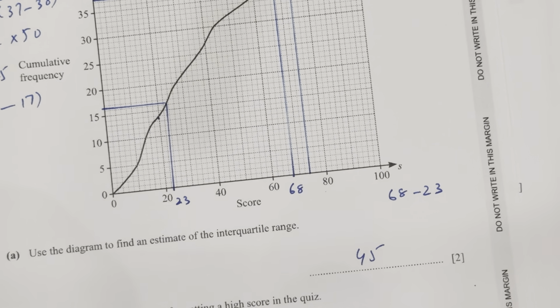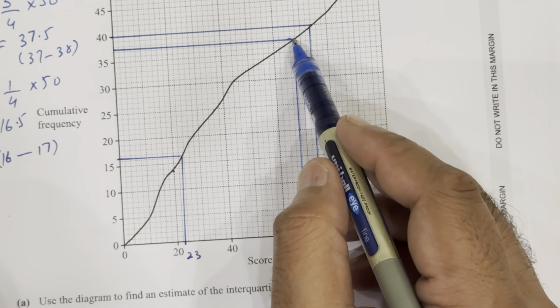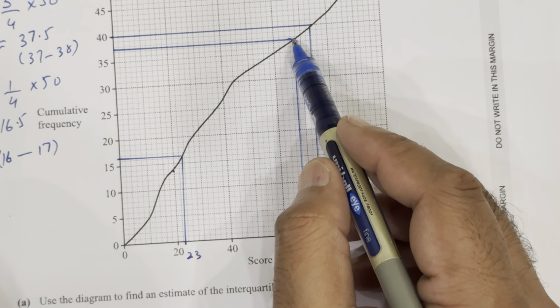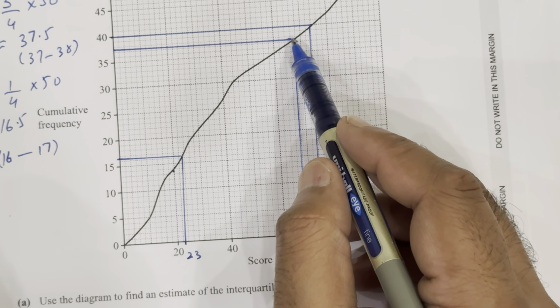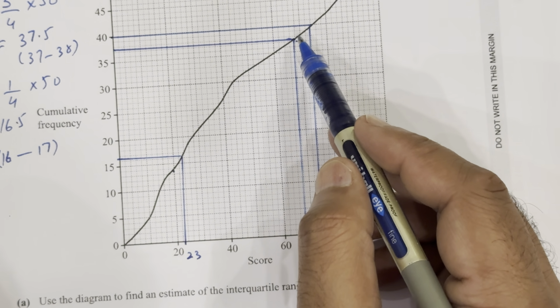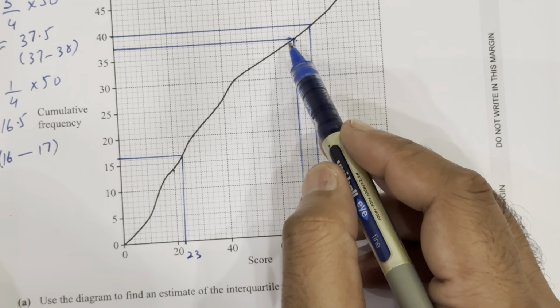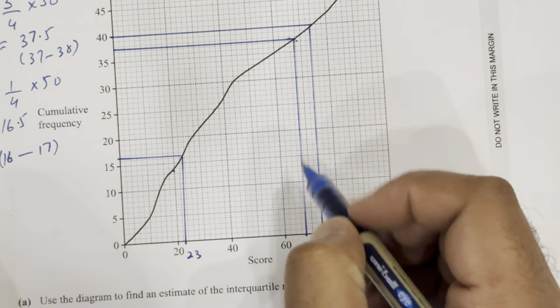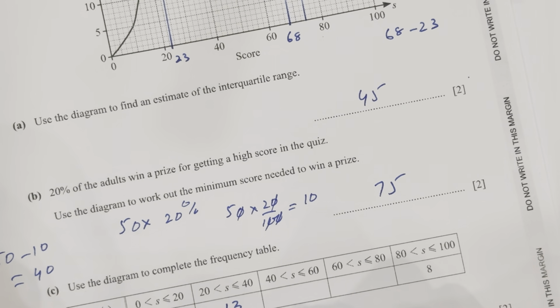Now you need to check 40 till 60. 60 has the value of 35, 36, 37. So 35 minus 27, the previous value, is 8.